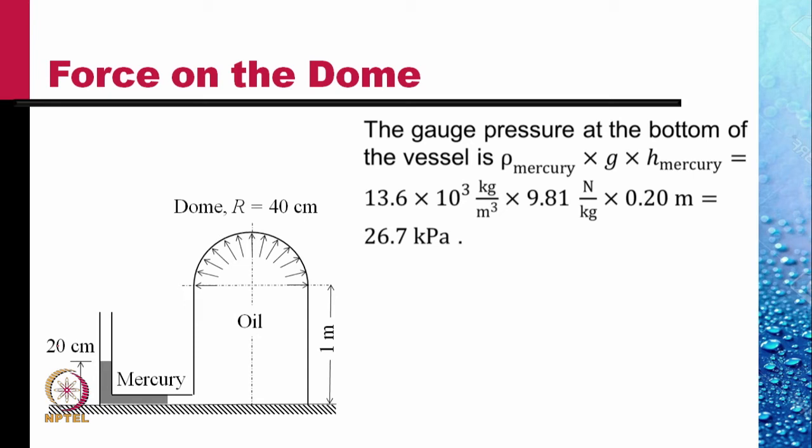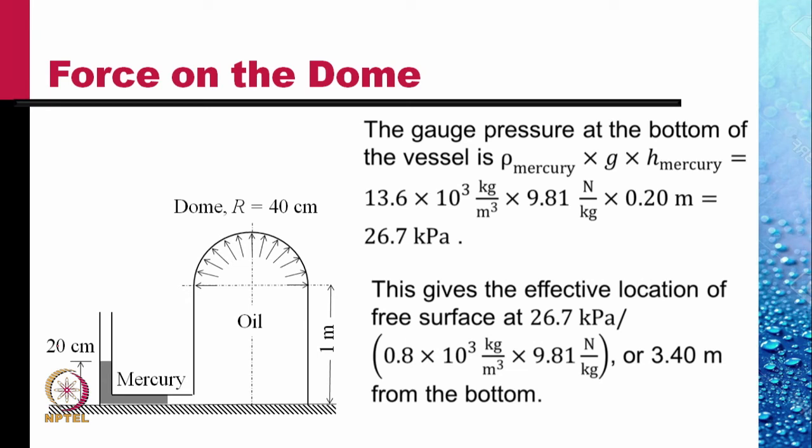This pressure of 26.7 kilopascal would mean that the pressure in the oil inside the dome is higher than the atmospheric pressure. Let's find out what is the height of oil that will result in this pressure of 26.7 kilopascal gauge at the bottom of the tank.